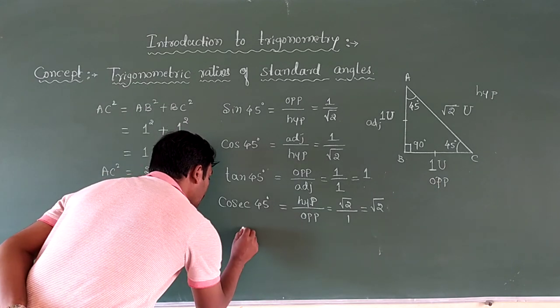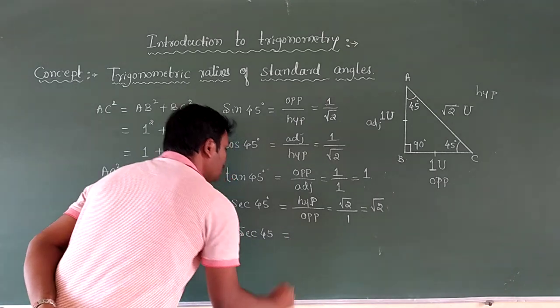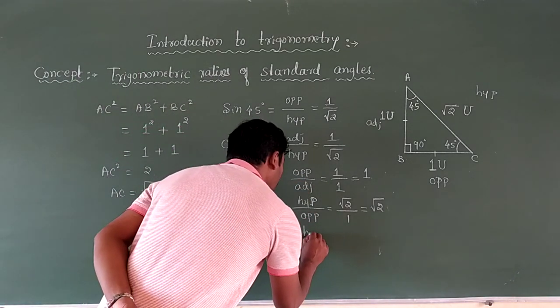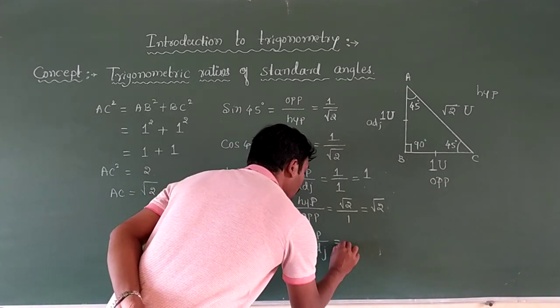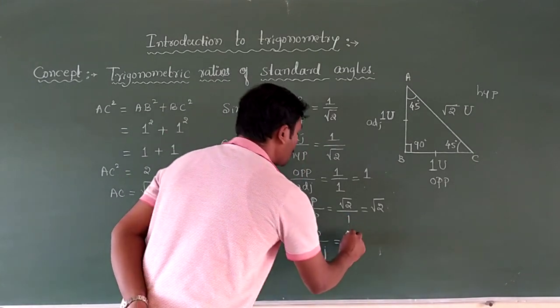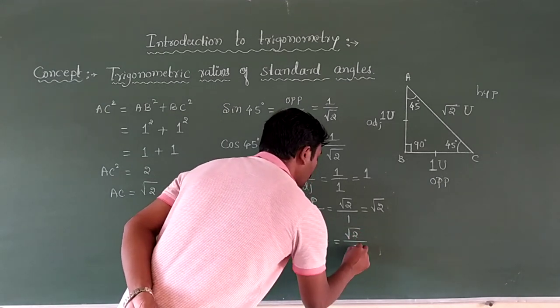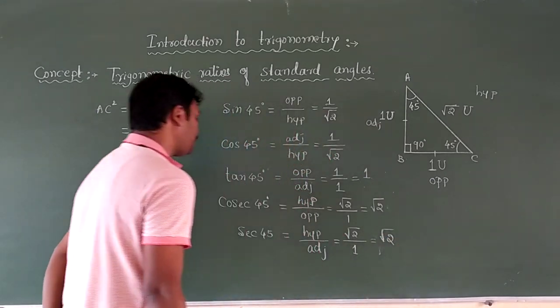Let us find sec. Sec 45 is again hypotenuse divided by adjacent. Hypotenuse is root 2, divided by adjacent, which is 1. So, this is also equal to root 2.